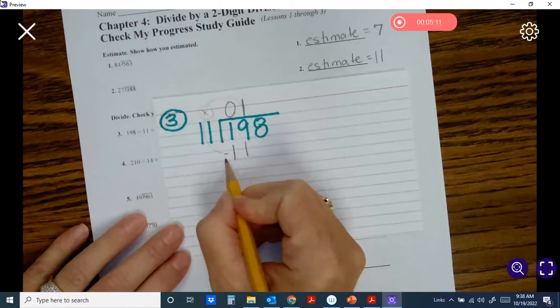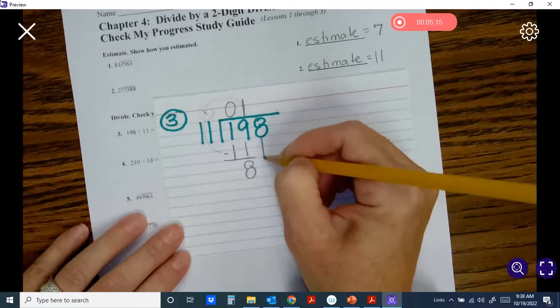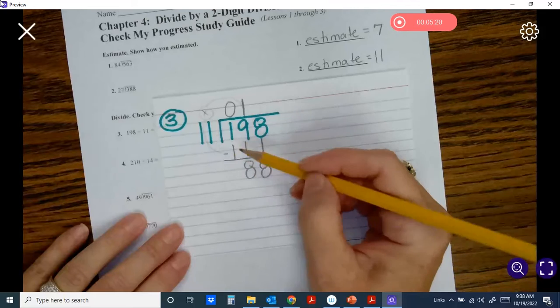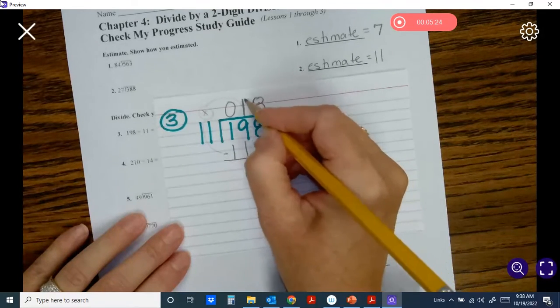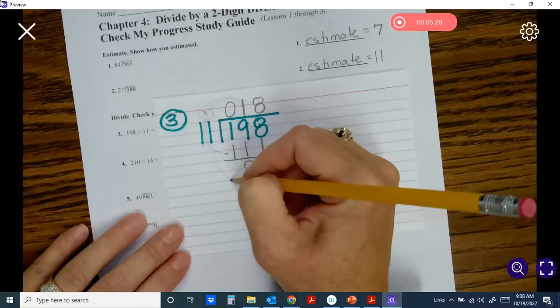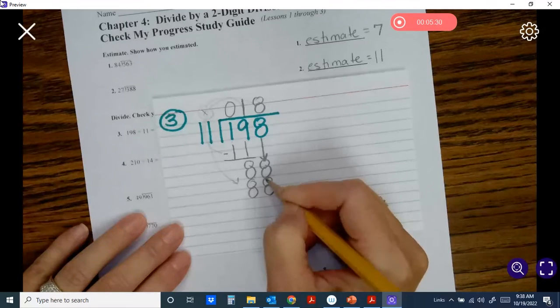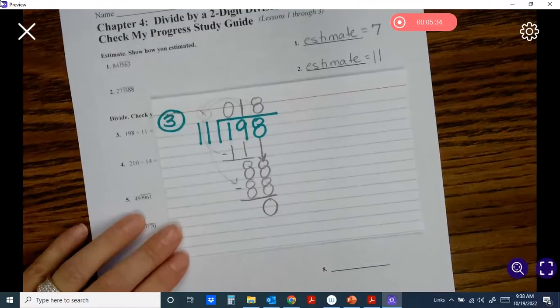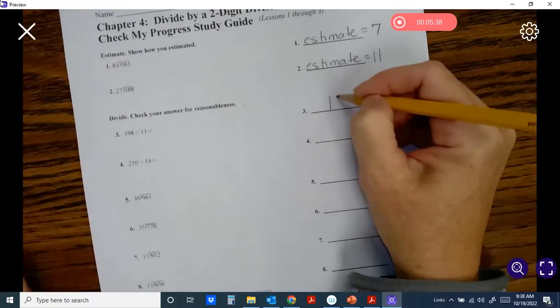I subtract and I get 8. I bring down the 8. 11 is able to divide 88 8 times. 8 multiplied by 11 equals 88. And I have 0 as a remainder. So our answer is 18, and that's an exact answer.